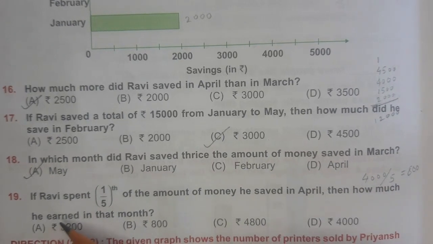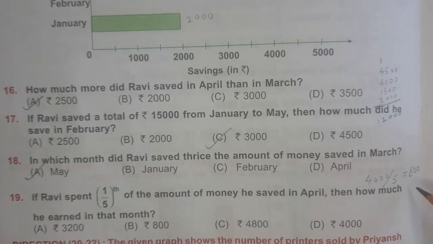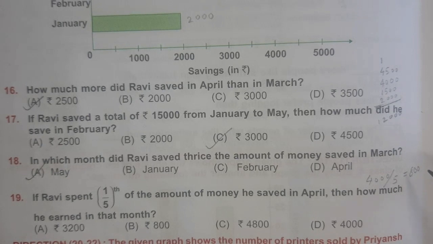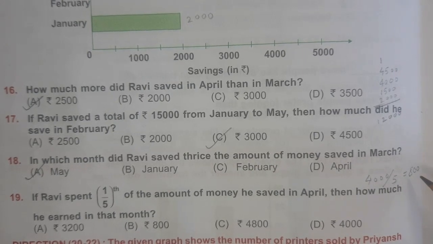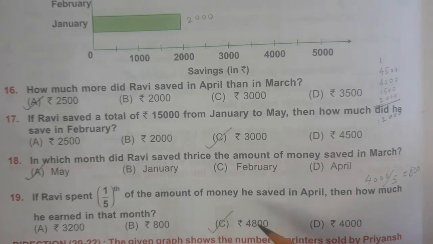Then how much money did he earn in that month? He has 4,000 plus the 800 he spent: saved 4,000, spent 800. So 4,000 plus 800 should be earned by him, right? Only then can he save 4,000 and spend 800. So he must have earned in that month 4,800, which is option C.